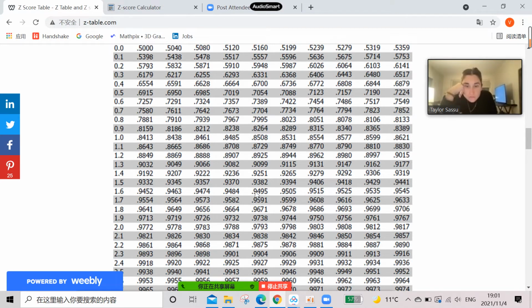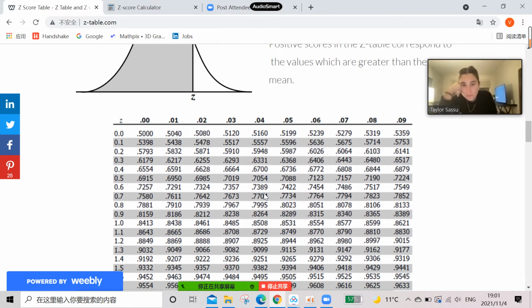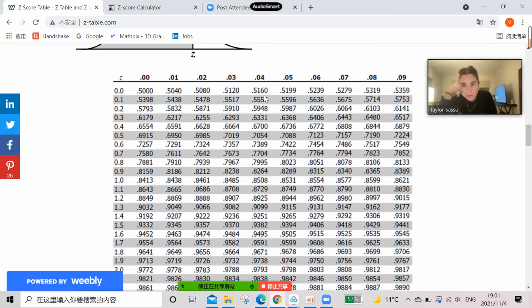That's basically the cutoff point. There is a 0.9495 and a 0.9505. So basically, the cutoff point is z equals 1.64 and z equals 1.65 if that's a one-tailed test.